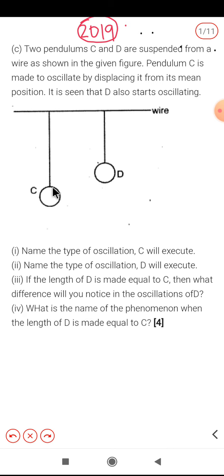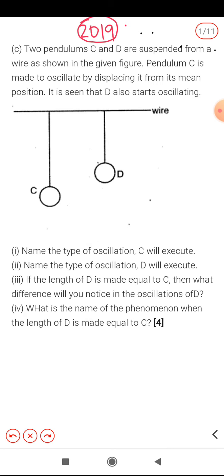It means if you oscillate pendulum C, energy will get transferred to pendulum D. It will also vibrate, but it will perform forced vibration. It will not perform resonance, because the lengths are different. There will be transfer of energy, but it will be less. There will be no resonance.